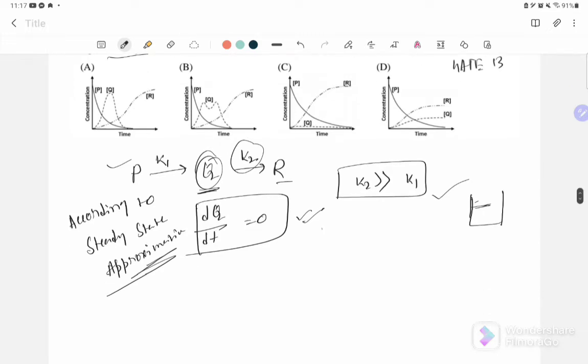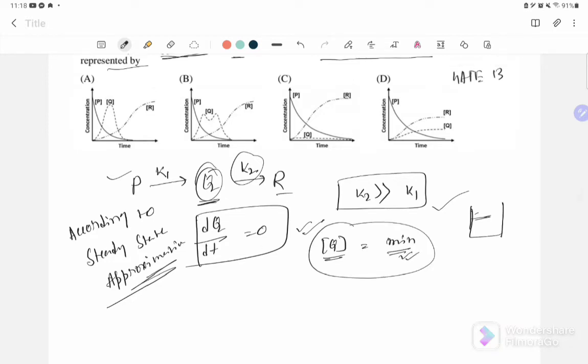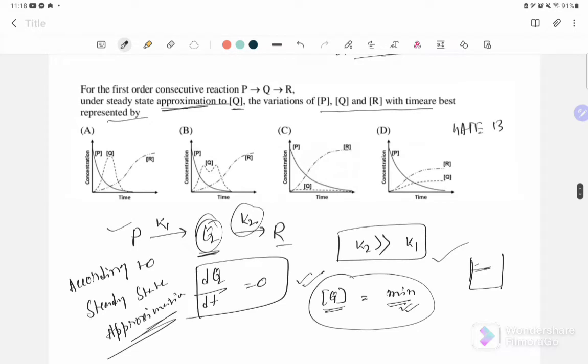So for that case the concentration of Q will be at a minimum. Looking at option A, the concentration of Q at such time is this one, so this will not be it, this is actually the maximum.